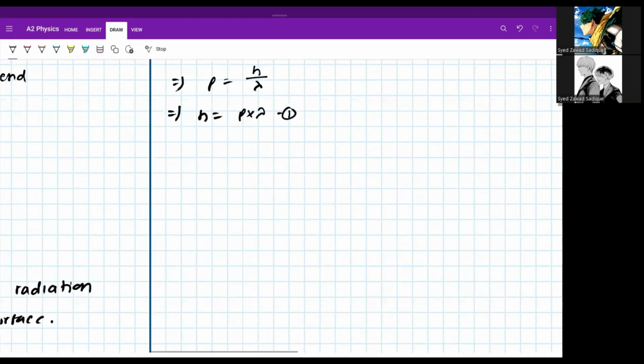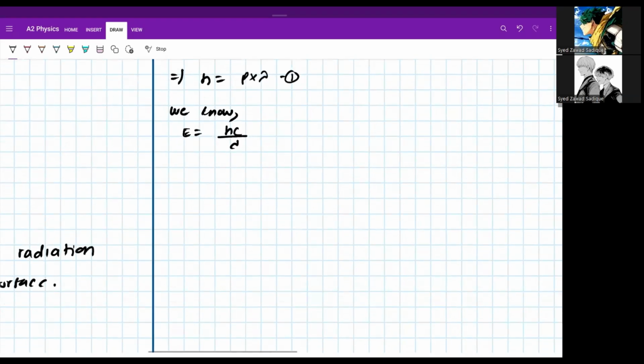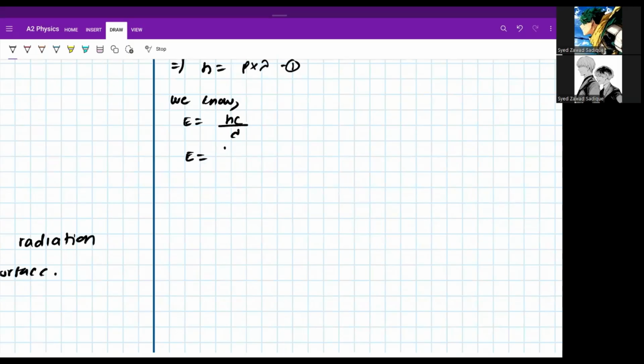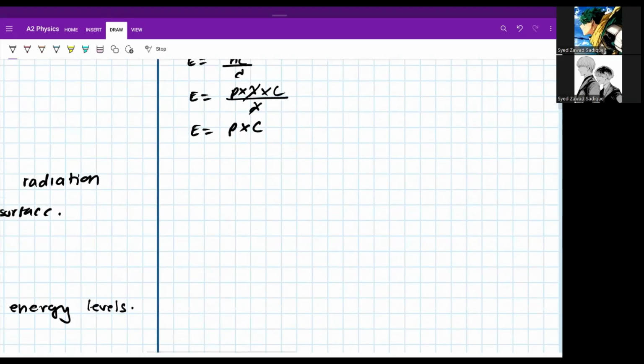Then we know energy is equal to hc by lambda. We know that h is equal to p into lambda, which is p into lambda into c by lambda, lambda cancels. Therefore, energy is equal to momentum into speed of light. Momentum is equal to energy by speed of light.